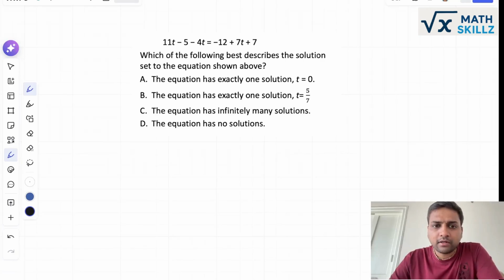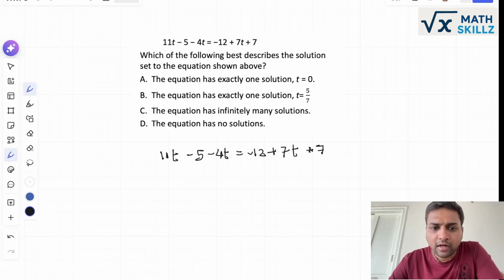Let us simplify both sides. 11t minus 5 minus 4t equals minus 12 plus 7t plus 7.